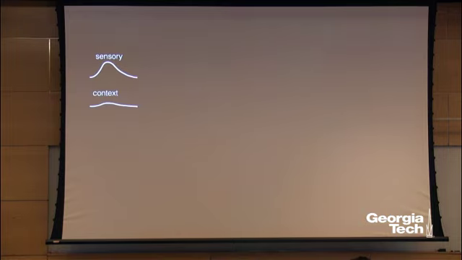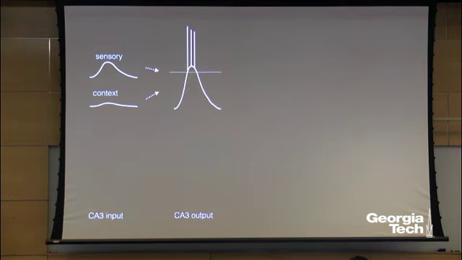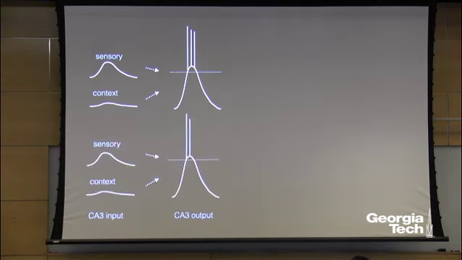So the idea is that in CA3, you have a strong sensory response and a very strong sensory input and a small contextual input. These two things serve as input to a CA3 cell. They sum nonlinearly to produce spiking. The same is true in some other cells in CA3. And because these are all connected to each other by these recurrent collaterals, this population of cells reinforces its own firing, and you get a population of cells associated with a particular sensory cue in a particular context or environment.